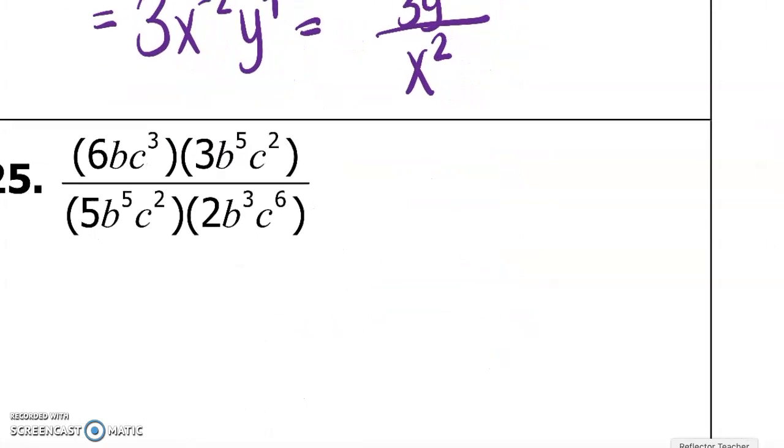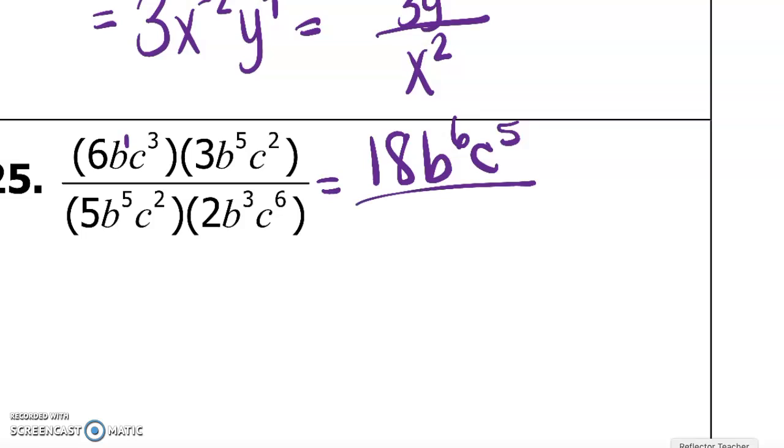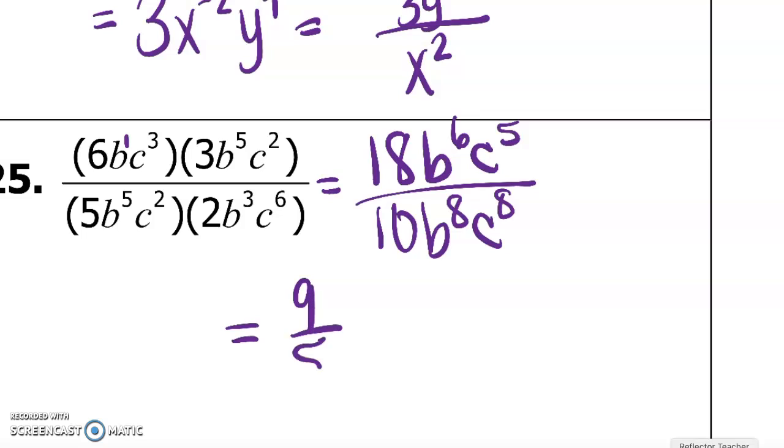And for 25, you're going to multiply to get the top, multiply to get the bottom, and then divide. 6 times 3 is 18. Add to get b to the 6th. Don't forget about the invisible 1. And c to the 5th over 10, b to the 8th, c to the 8th. 18 over 10 simplifies to 9 over 5, b to the negative 2, c to the negative 3.